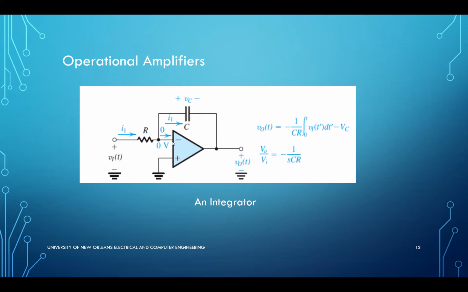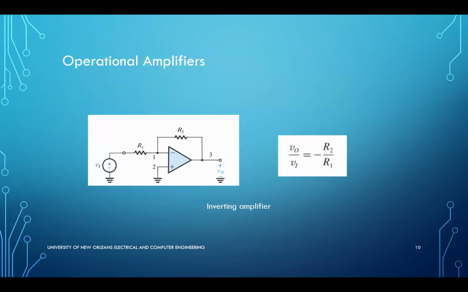It becomes an integrator. So again, even if you're not familiar with op-amps yet, what I'm interested in is showing you in Multisim how this can be corroborated. That's the main idea.